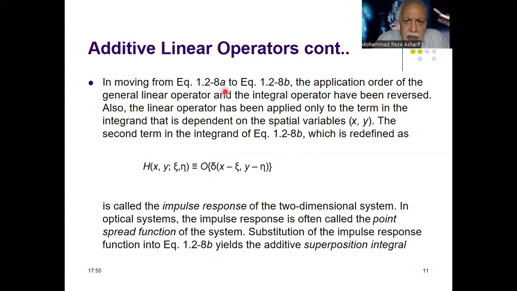This is shown in the figure, and the general linear superposition integral. Also, the linear operator can be applied to the integrand of the function. So h is the impulse response, the mapping of the impulse to the response, the impulse response of the two-dimensional system.